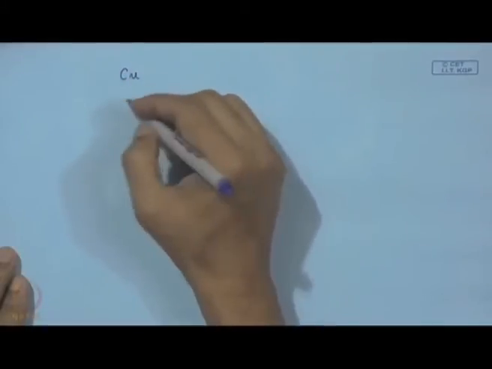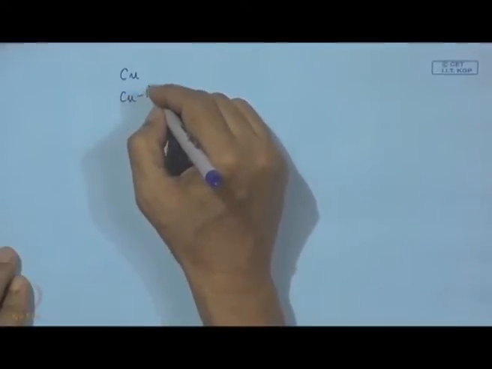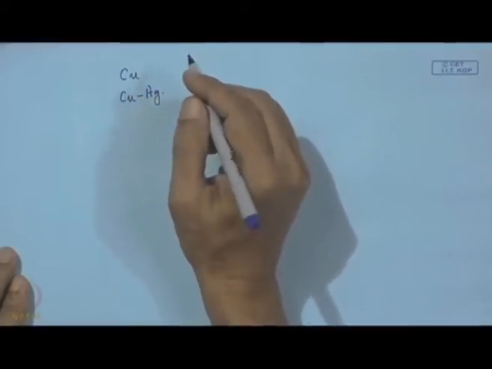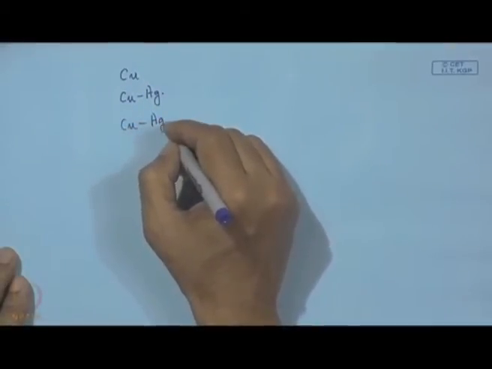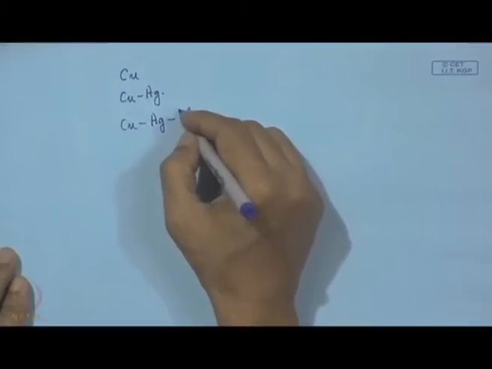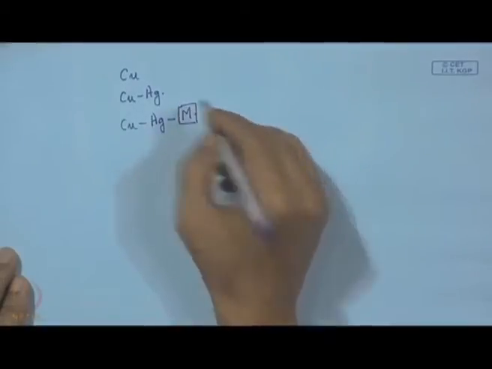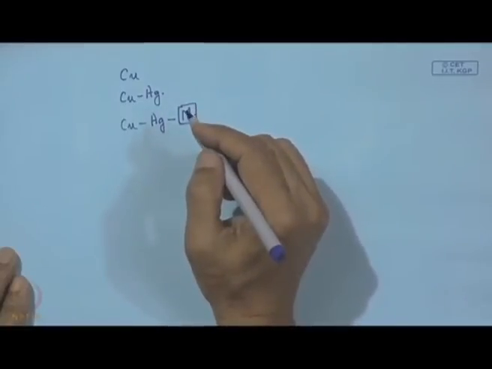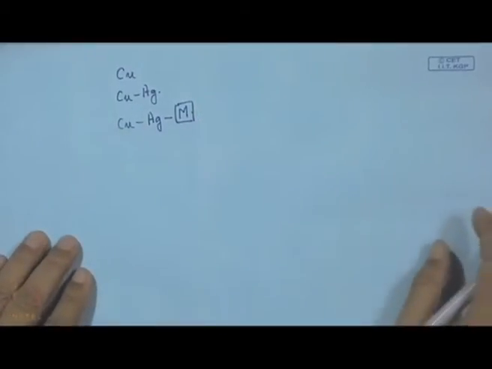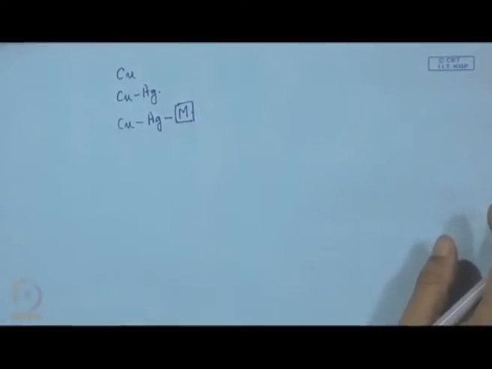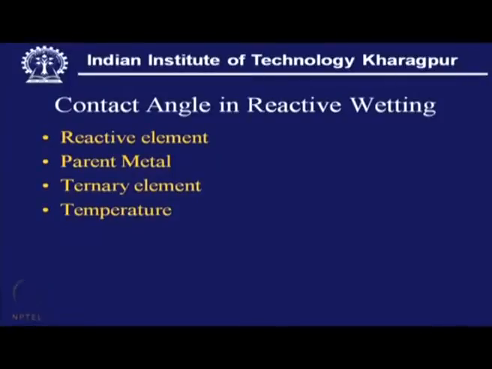But here comes the question whether we use a pure metal or a binary alloy or even a ternary alloy, that means silver, copper and M. Now, what is the role of this M? To consider this particular issue, we have to look at the contact angle.